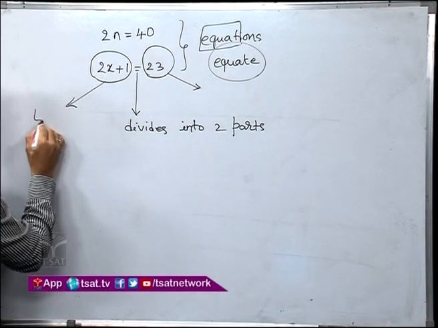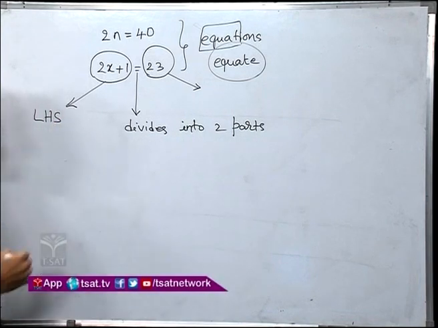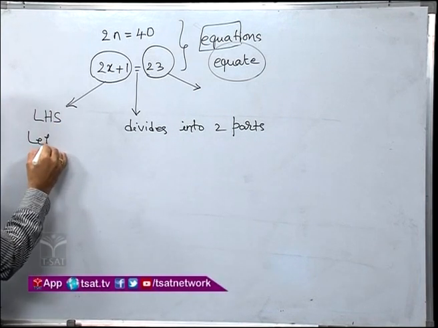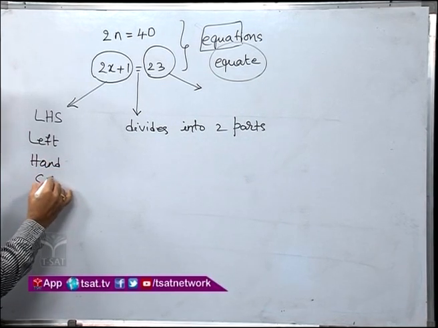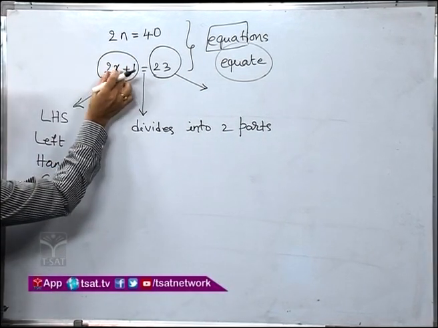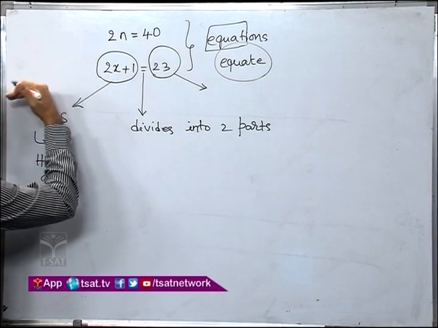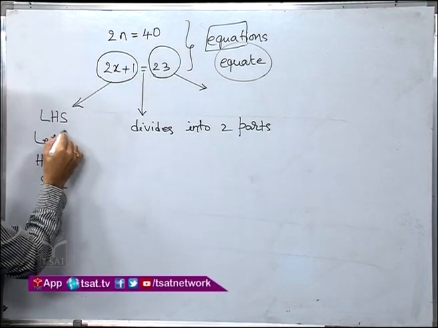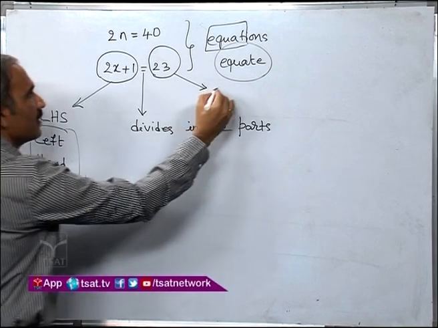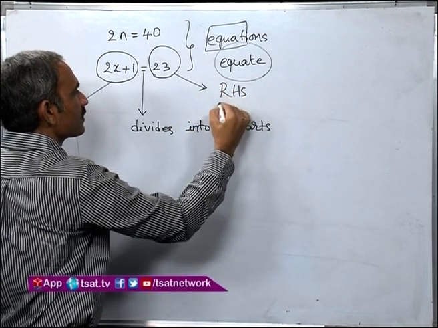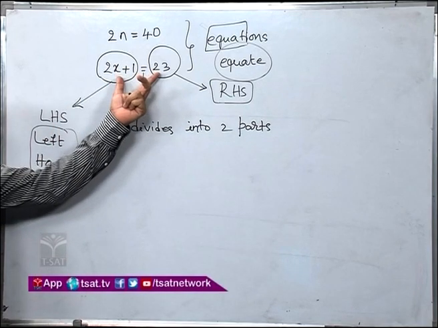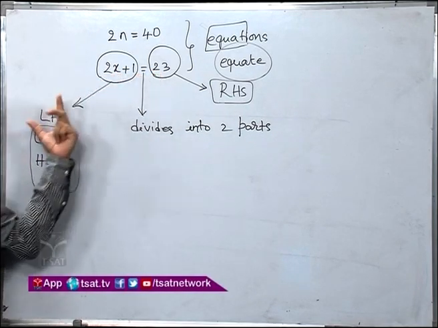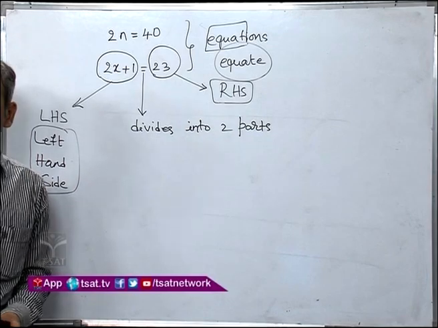Therefore, we call this LHS, left hand side, because this expression is on the left hand side of the equal to symbol. This is known as RHS, right hand side. Every equation contains two parts, one is LHS and the other is RHS.